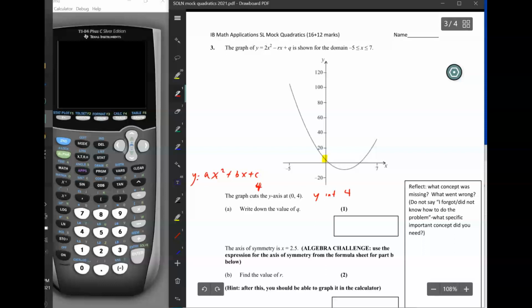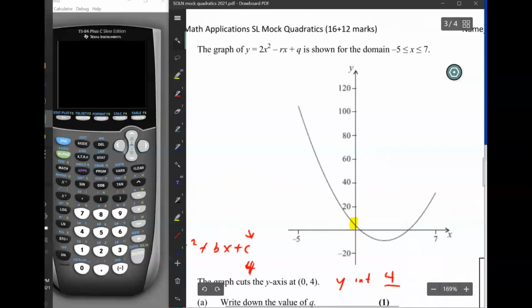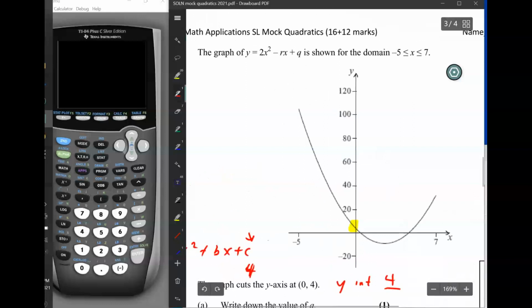The c value is the y-intercept, as we learned in the investigation. Now, if we line up ax squared plus bx plus c with our original equation here, we can find out some things.